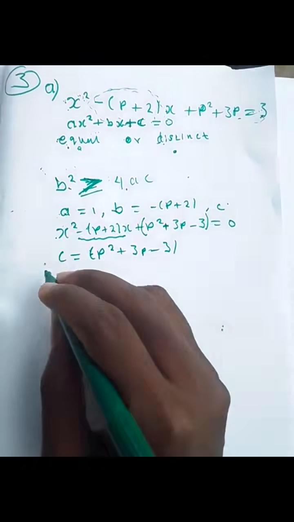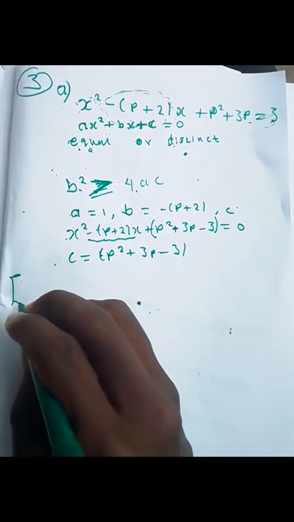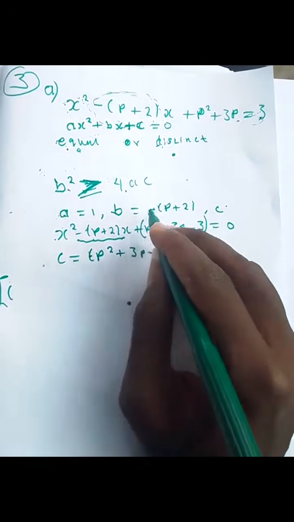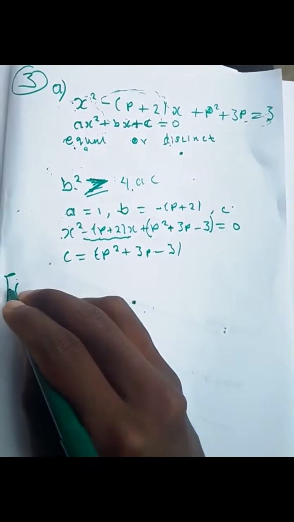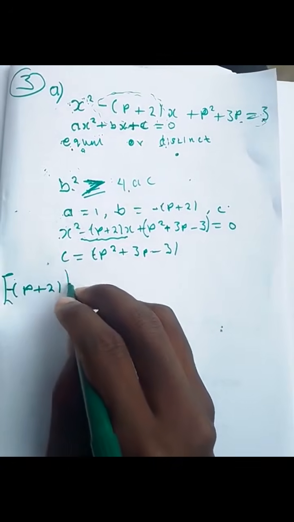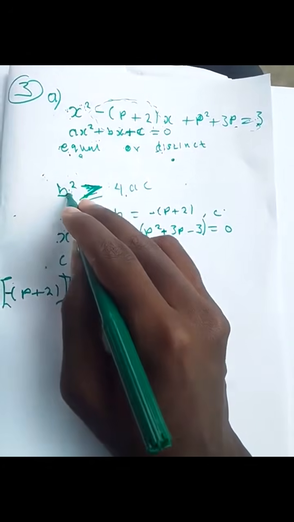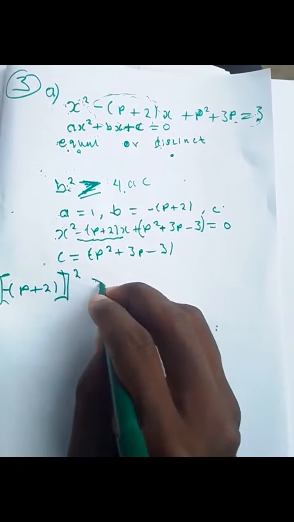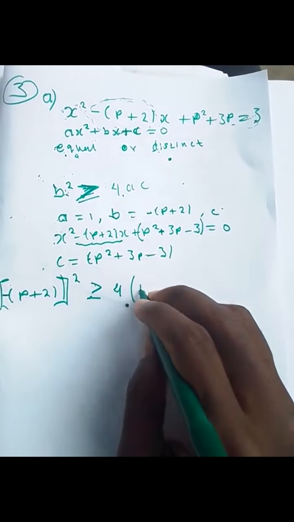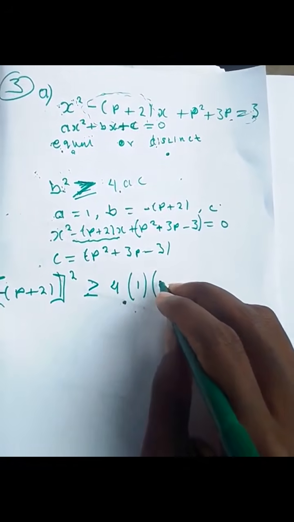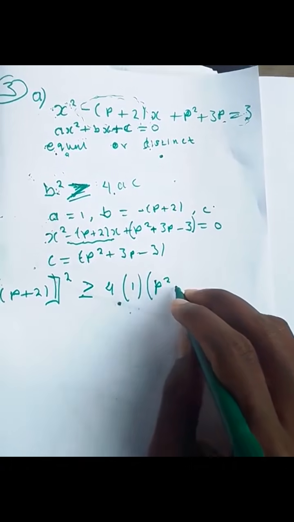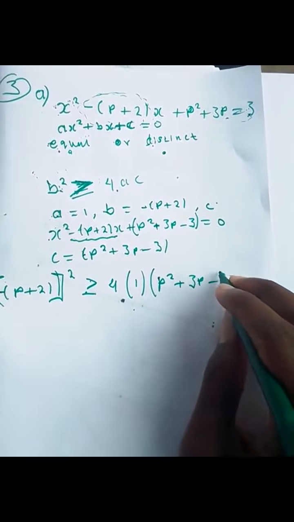So where there's b, I'll put negative outside, p plus 2. Since b is raised to the power of 2, I'll raise this to the power of 2, greater than or equal to 4. Where there's a, I'll put 1. Where there's c, I'll put p power 2 plus 3p minus 3.